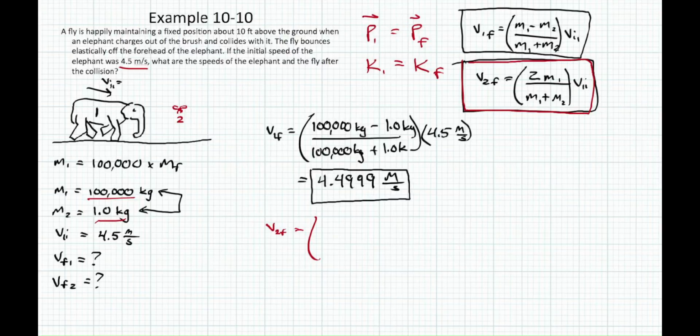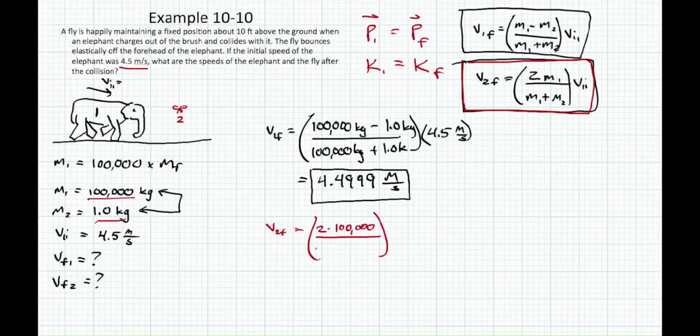Otherwise, these equations might be a little bit longer and more complicated, but let's plug in what we have for object 2. The final velocity of object 2 is 2 times the mass of 1, so 2 times 100,000, divided by mass 1 plus mass 2.